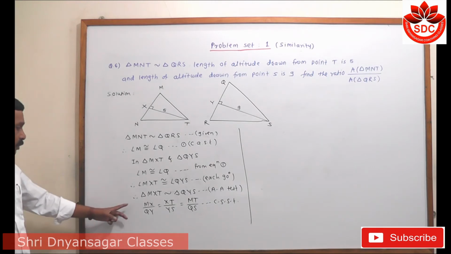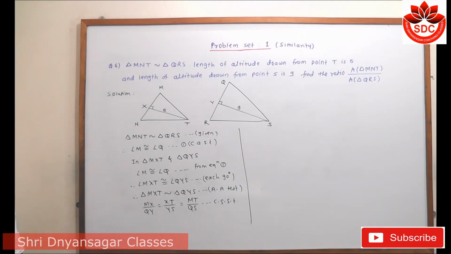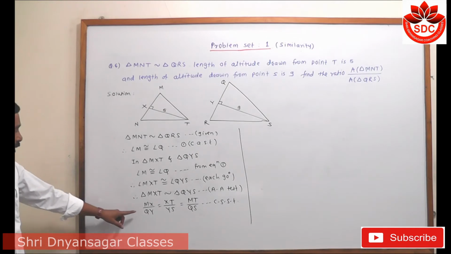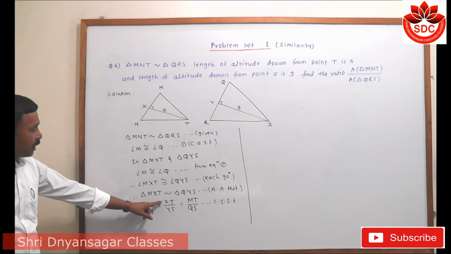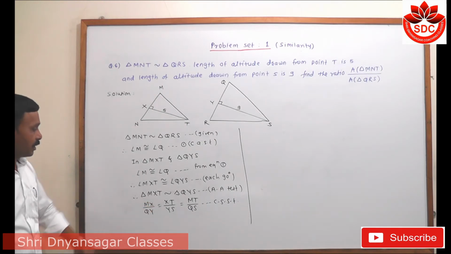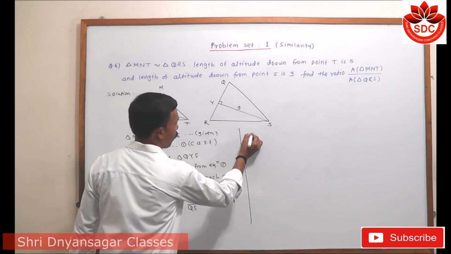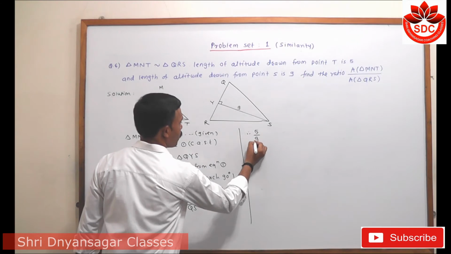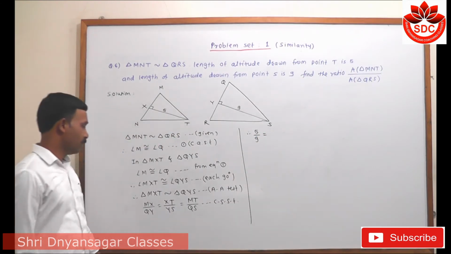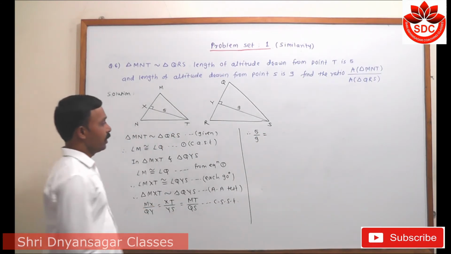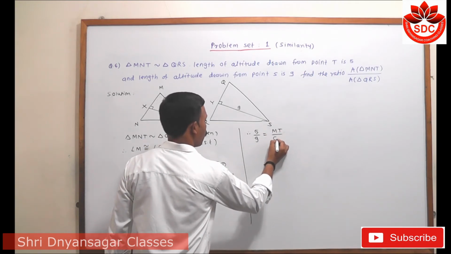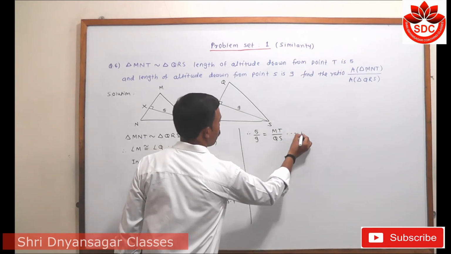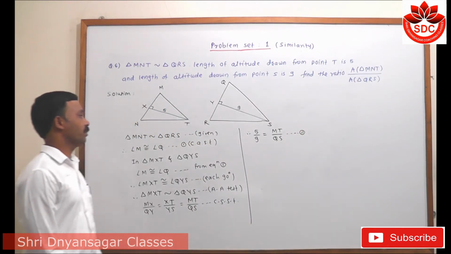Can you understand up to this, students? Now we substitute these values. MX upon QY is not essential, so take the next one: XT upon YS. XT is 5 upon YS is 9, is equal to MT upon QS. Suppose this is equation number 2.